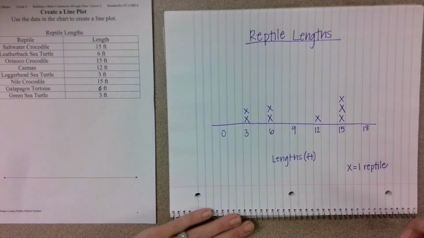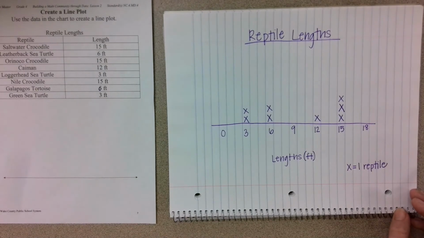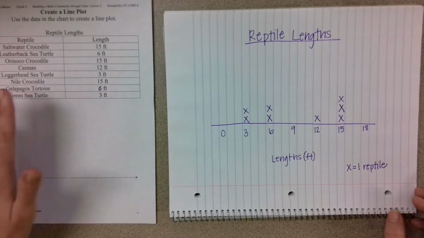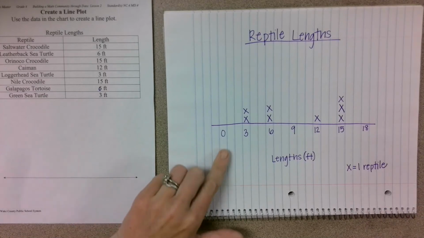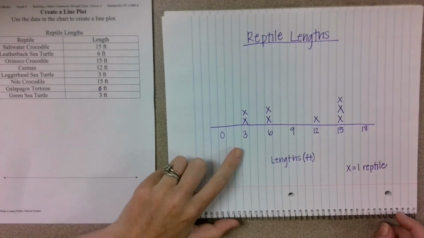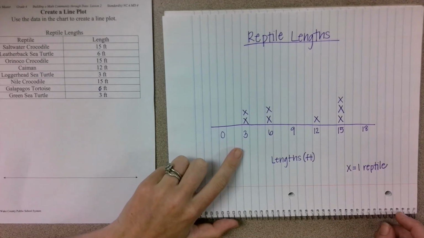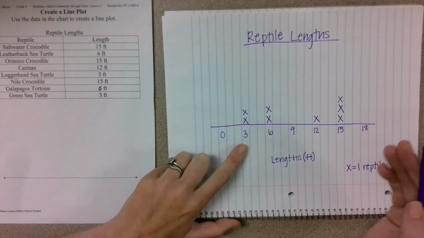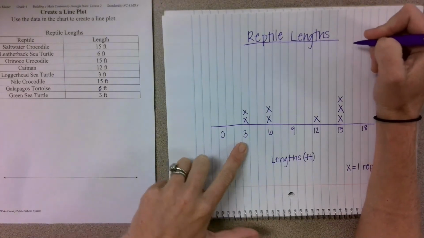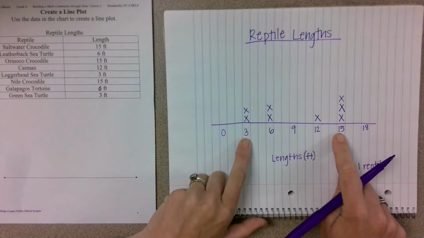Okay, so you won't be required to create a lot of line plots, but you will be expected to read them and be able to analyze them. So let's talk about some different questions here. If it said, what is the difference between the largest reptile and the smallest reptile on this chart, I would do 15 minus 3, because that's what's on my data.